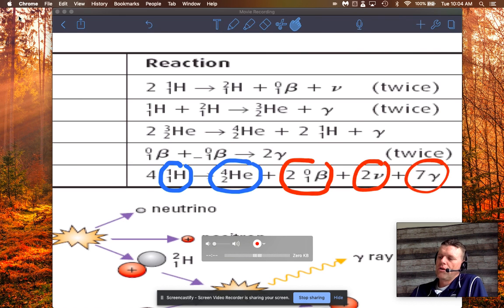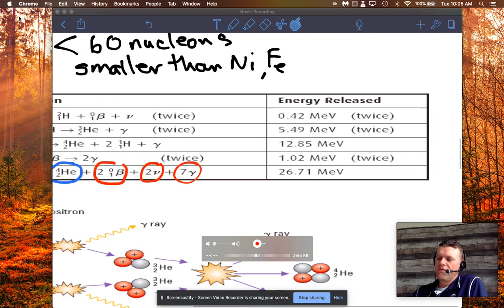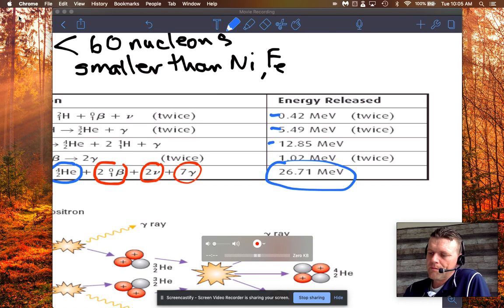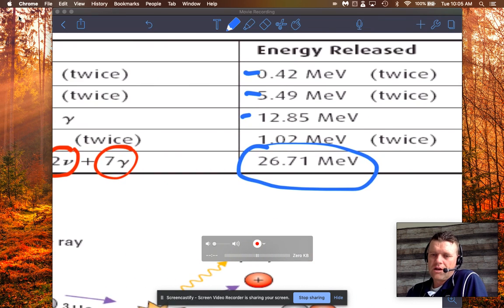Okay. Worth noting is anytime fusion happens, you also get a whole bunch of energy released. Now, all of these initial ones up here are intermediate steps. In the end, this is the grand total. So if you fuse four hydrogen atoms together and you make helium, you're going to release this much energy.